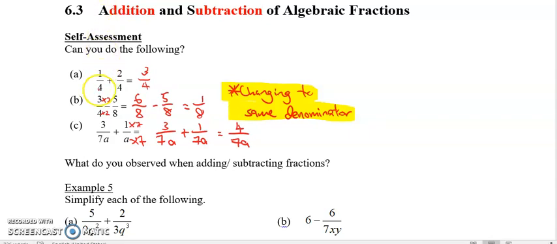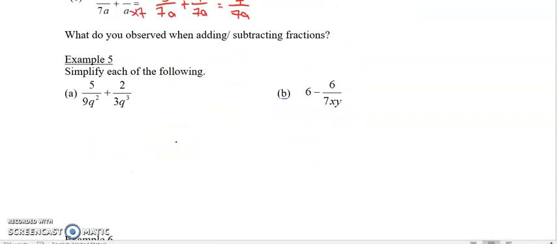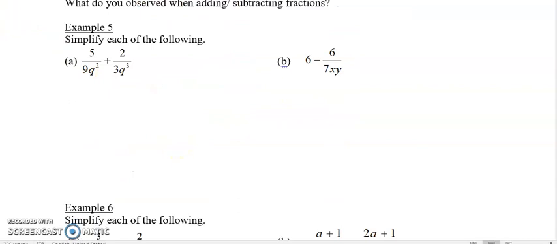Okay, so let's look at example 5. 5 over 9q square plus 2 over 3q cube. Between the first denominator and the second denominator, we've got to change them in such a way that they are the same.